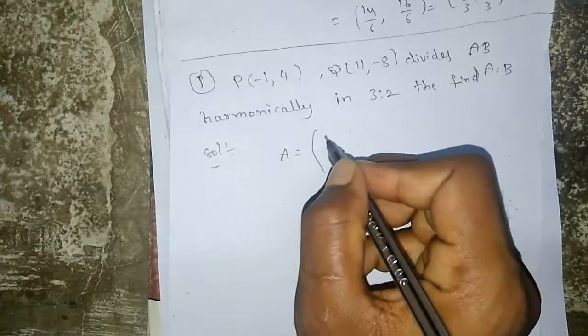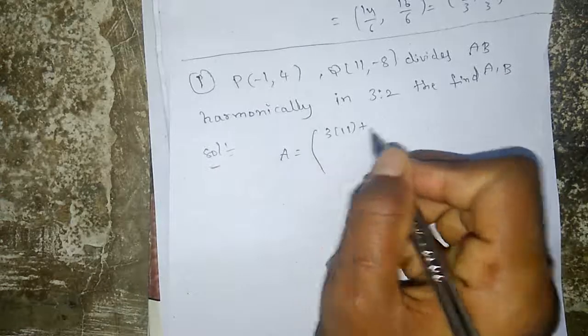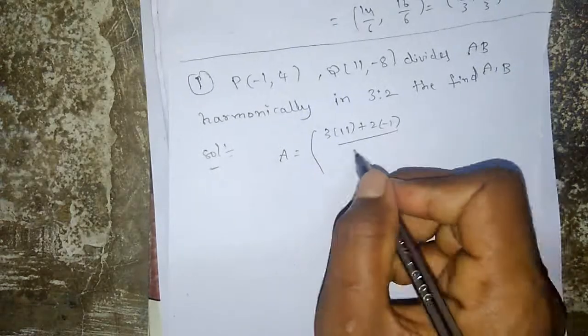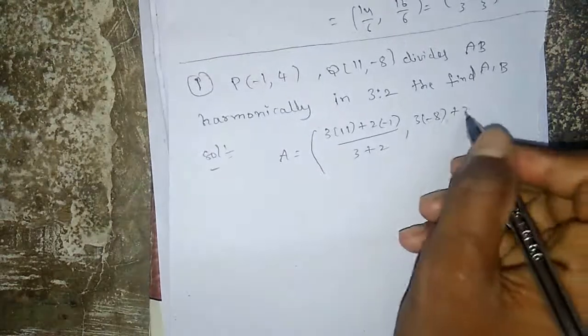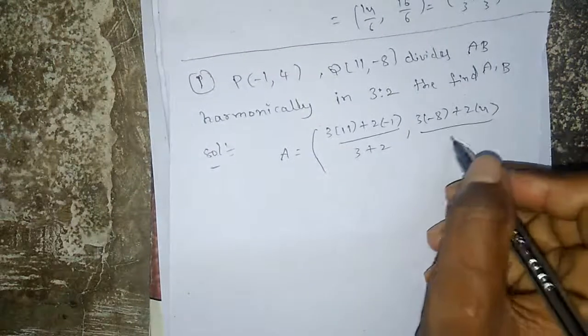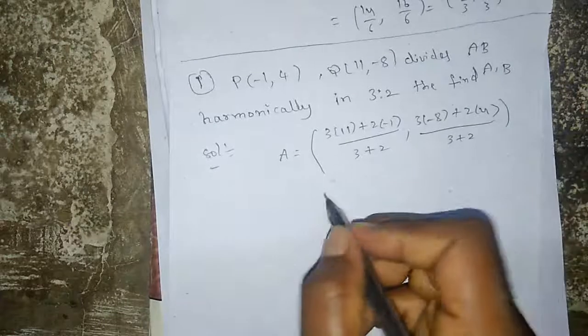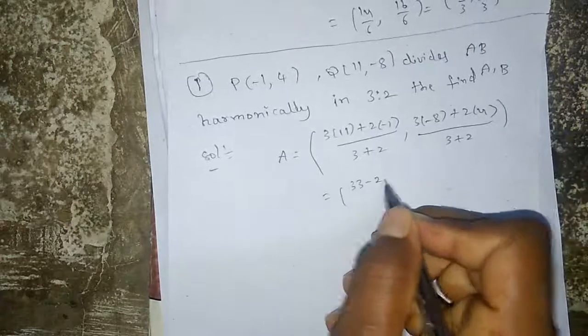First A is equal to 3 into 11 plus 2 into minus 1 by 3 plus 2, 3 into minus 8 plus 2 into 4 by 3 plus 2. This is 33 minus 2 by 5.